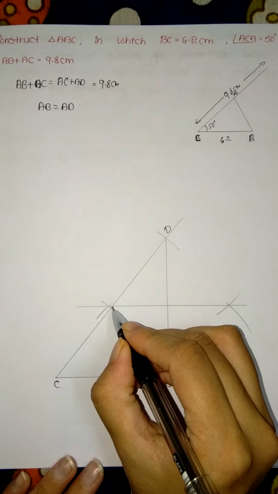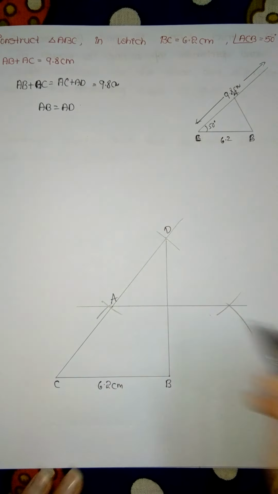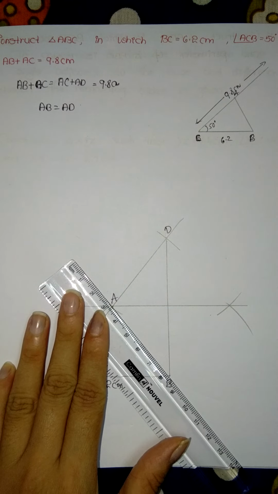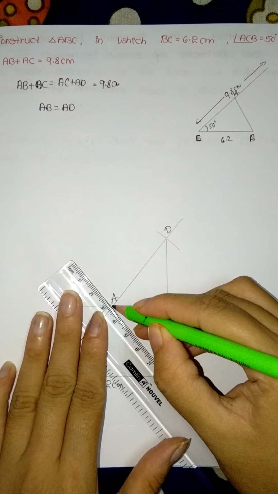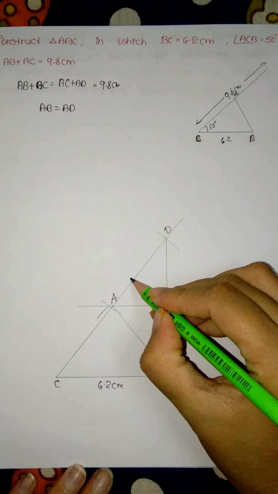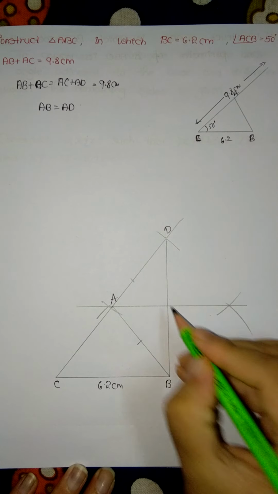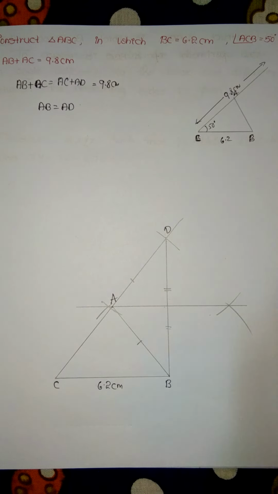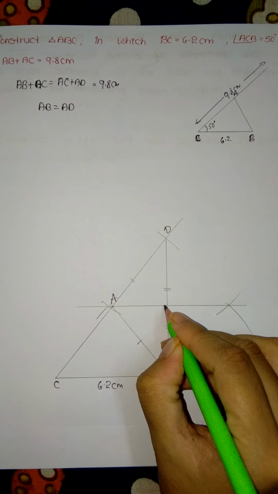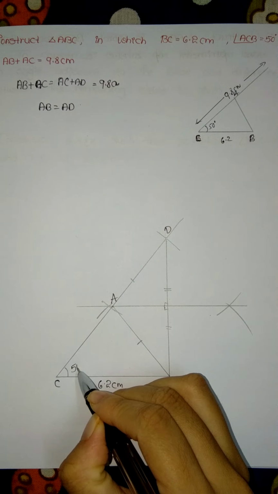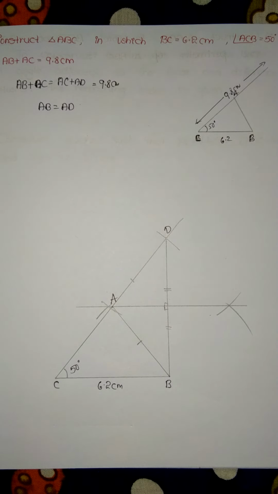So this intersection point is called as A. Now join this A and B. So here AD and AB are equal. Similarly, these two sides are equal, and this is 90 degree and this angle is 50 degree. So it completes our question number 3. Next, move on to question number 4.